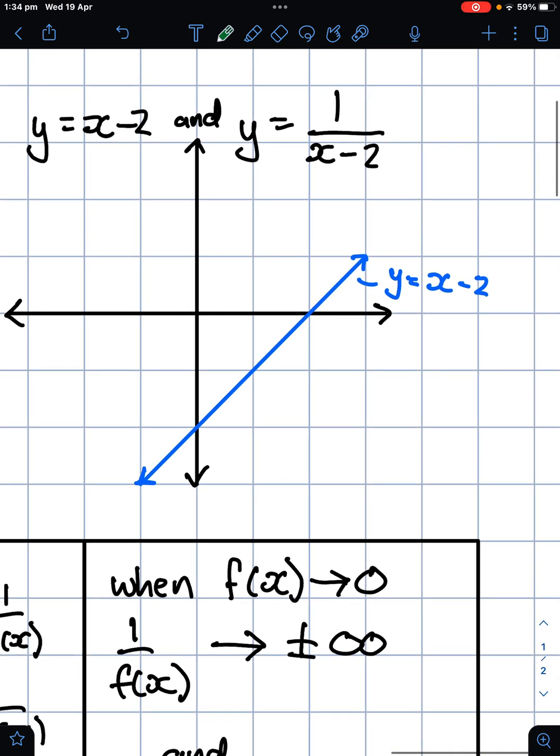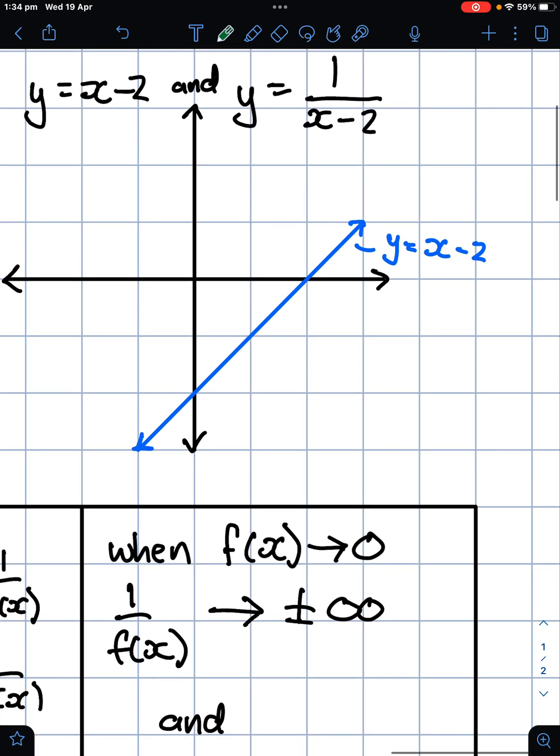We see the same thing here, so change it in your graphics calculator. All right, so I'm just going to quickly change it in my graphics calculator, and I see the same value here. I see this asymptote here, but now instead of being 2 units to the left of the origin, it's now 2 units to the right. So we see this translation, which we expect from this value here.